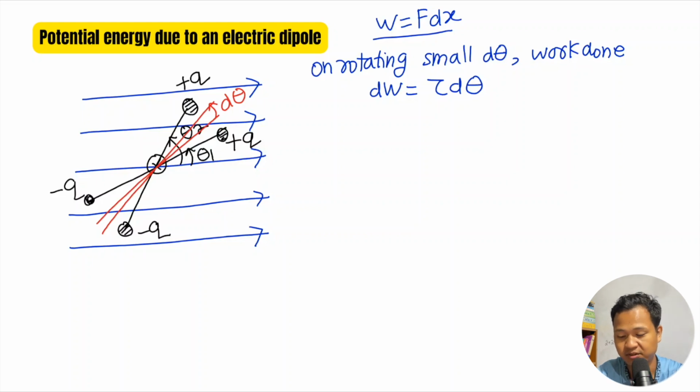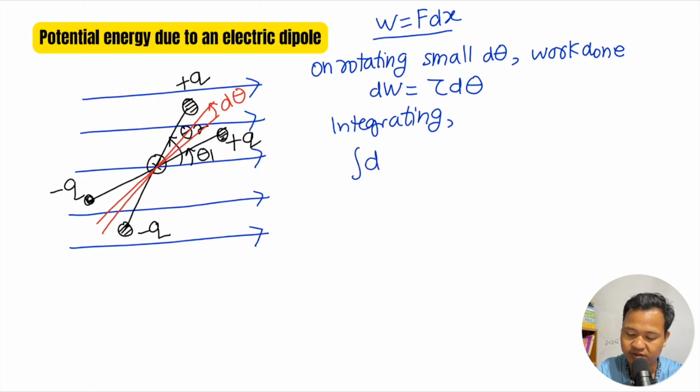So the small work done is tau into d theta. Now integrating both sides, I will have integral dW equals integral tau into d theta. This work done will be stored as the potential energy.